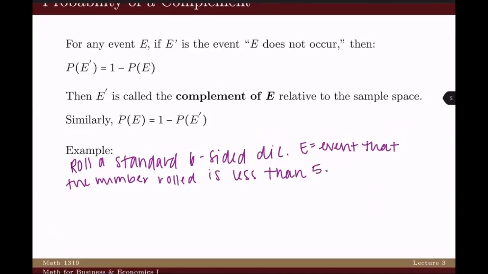So we know that our sample space was 1, 2, 3, 4, 5, 6. And the probability that we roll a number less than 5 is 4 out of 6, which was 2/3.